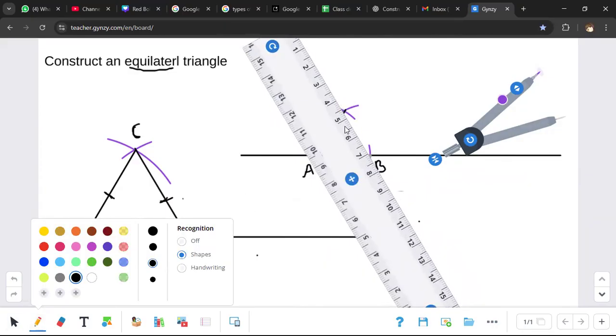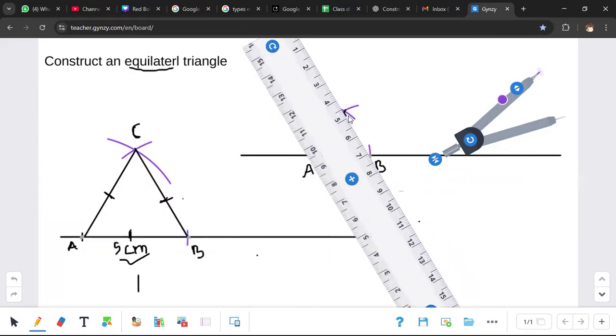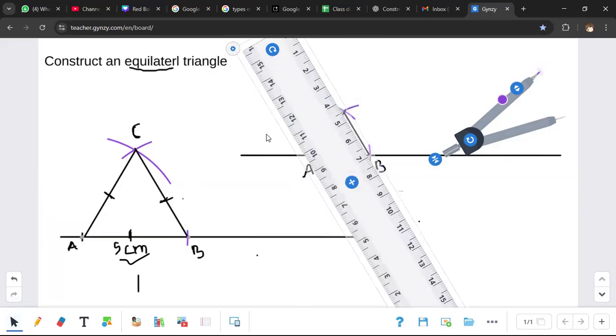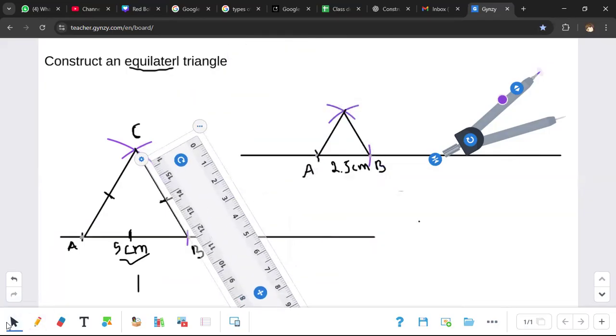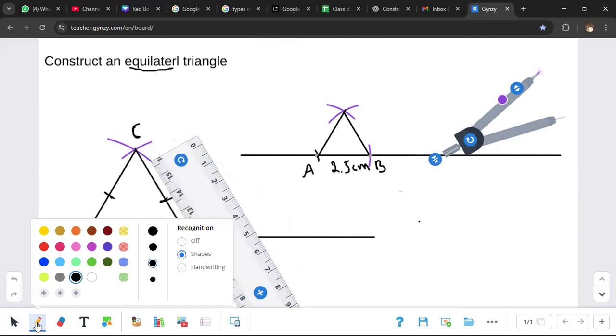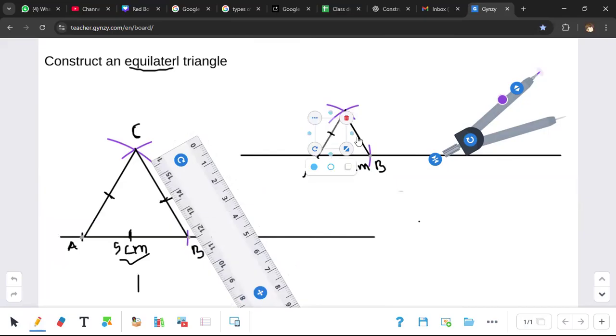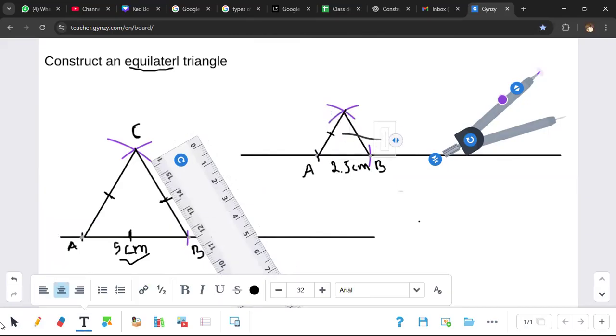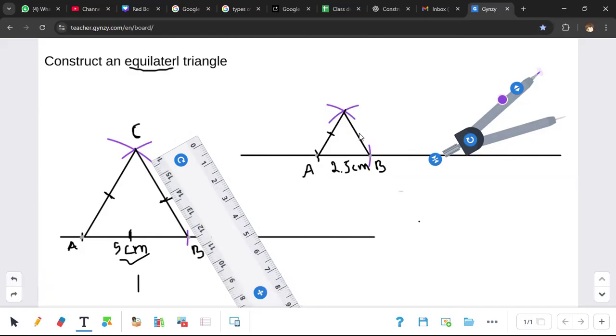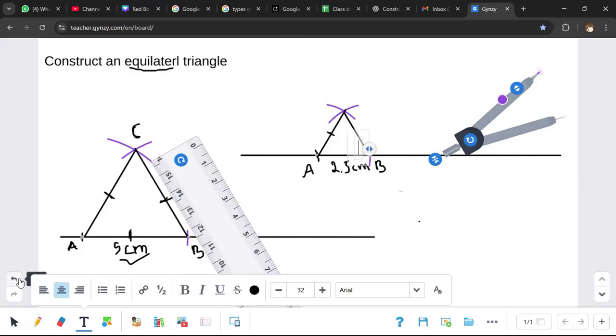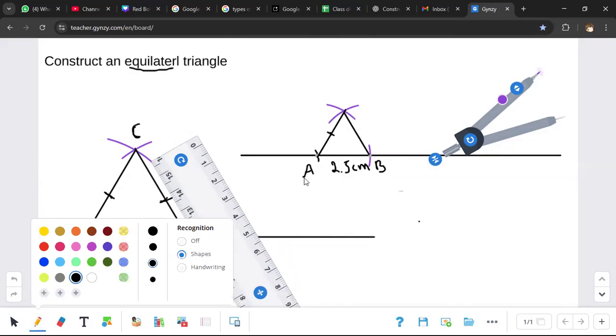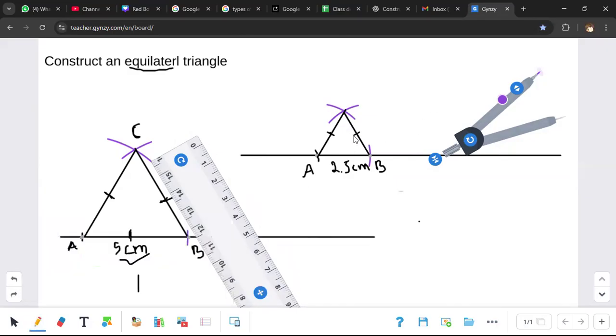Then I'm going to draw a straight line from here to here. Right. So this is my 2.5 centimeter equilateral triangle, right?